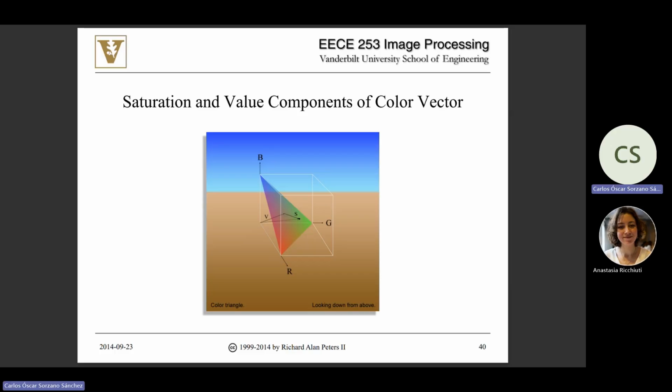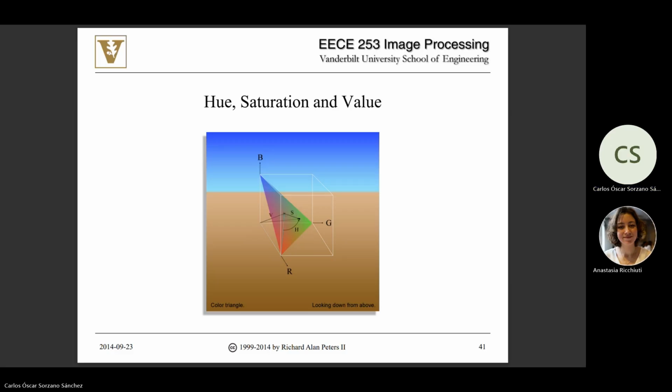So I have the vector V, the vector of the value, the vector of the saturation, and I have a line that goes from the value vector to the intersection of this plane with the red axis, that is this corner. So I have this blue vector, and I have to go from the blue vector to your color. So that gives you the hue.